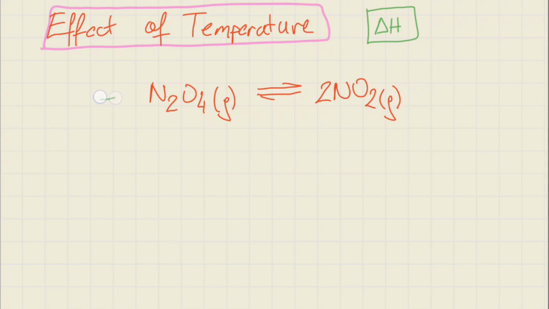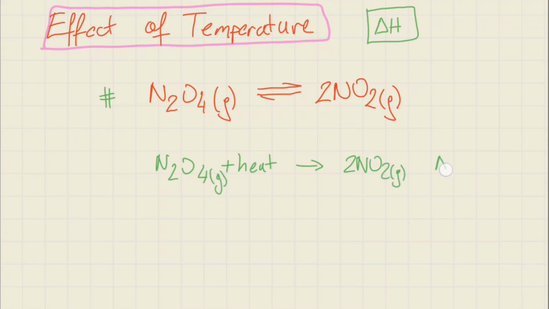So again, we have a similar reaction in the gas phase. N2O4 plus heat causes the formation of NO2 gas, and the delta H of this reaction is plus 58 kJ per mole.